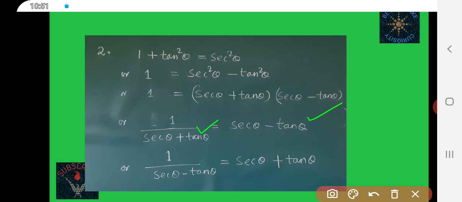So here you see the multiplication of these two is equal to 1. So sec theta plus tan theta is the reciprocal of sec theta minus tan theta, and sec theta minus tan theta is the reciprocal of sec theta plus tan theta. So if you take this to the left side, then 1 by sec theta minus tan theta is equal to sec theta plus tan theta. So they are reciprocals.